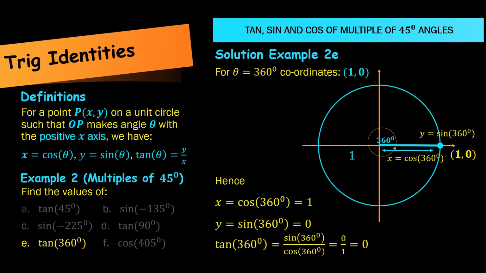And therefore tan 360 degrees is equal to y, which is sine 360 degrees, which is 0, over x, which is cos 360 degrees, which is equal to 1. So therefore, tan 360 degrees is equal to 0.